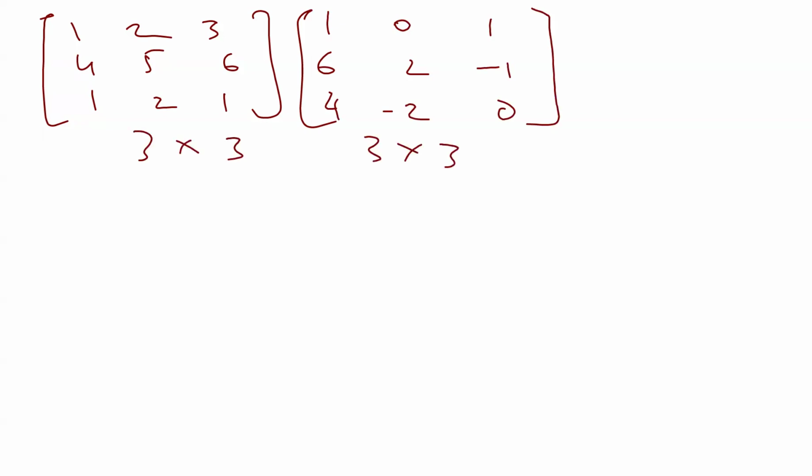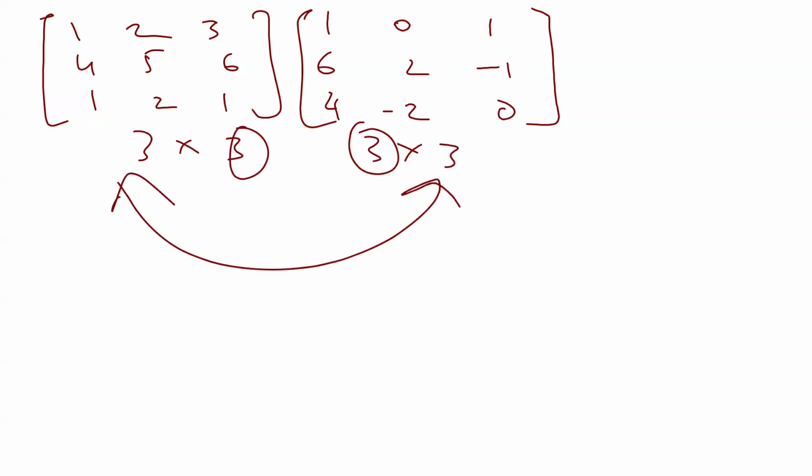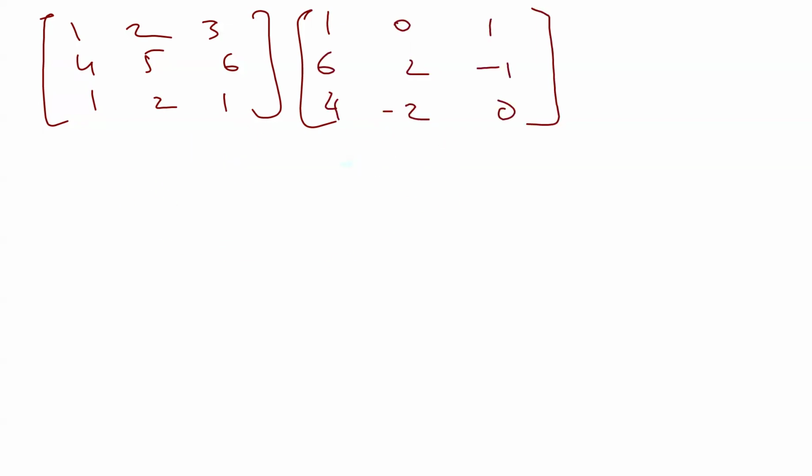This is also 3 by 3. This number is matching, so the answer will also be 3 by 3. So we can multiply this. But this time I am expecting answers from you. 3 horizontal rows over here and 3 vertical columns over here.